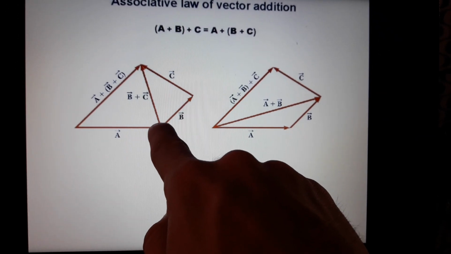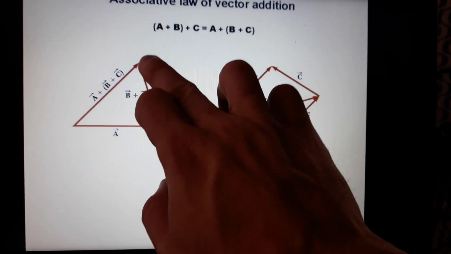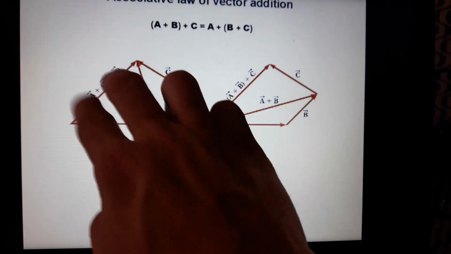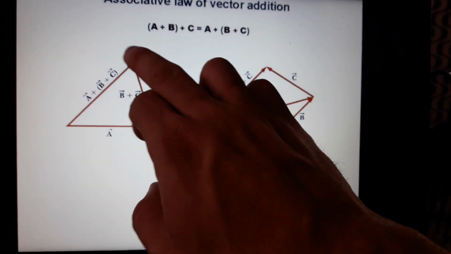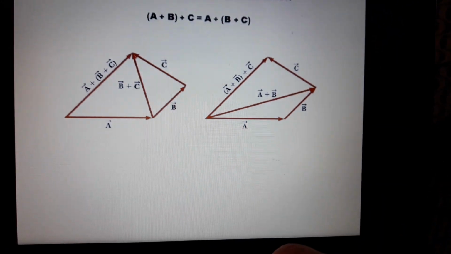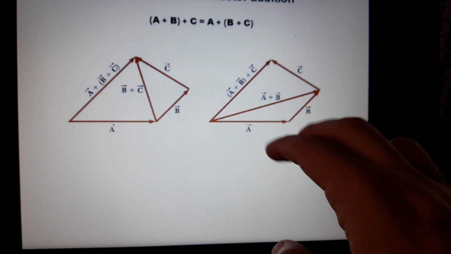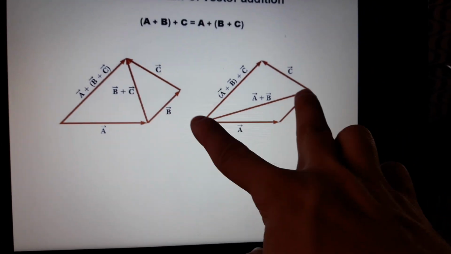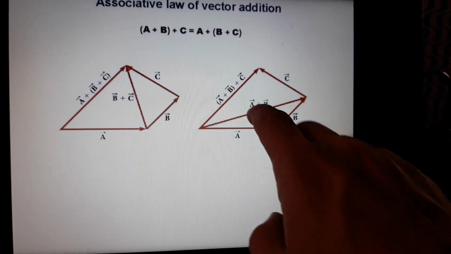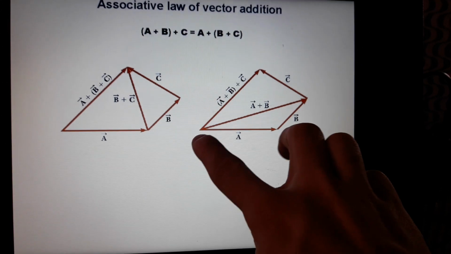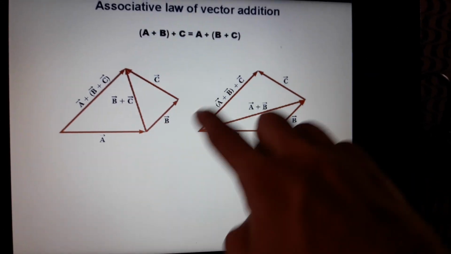And if we think of a plus (b plus c), with b plus c in brackets, we can think b plus c is a single vector. So a plus b plus c is the same as a plus (b plus c). Here the same idea: (a plus b) plus c has the same resultant vector. (A plus b) plus c is the same as a plus (b plus c).